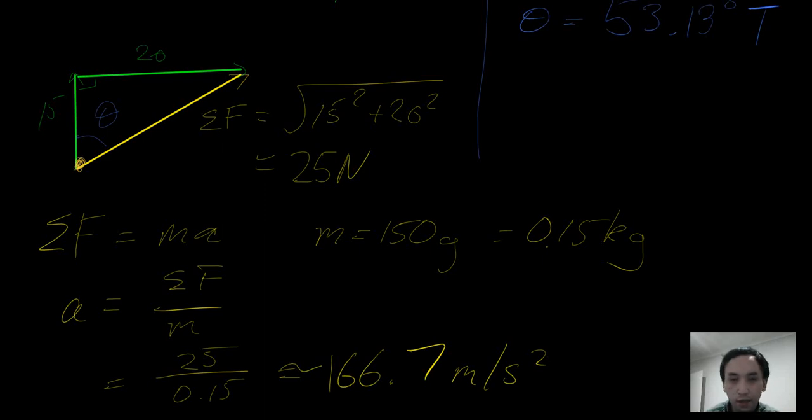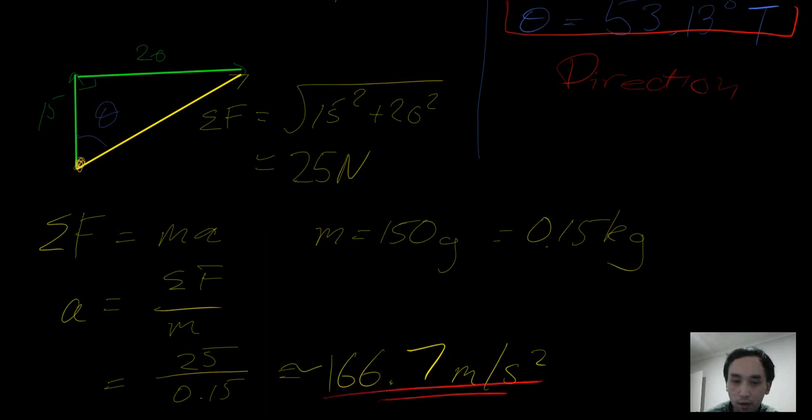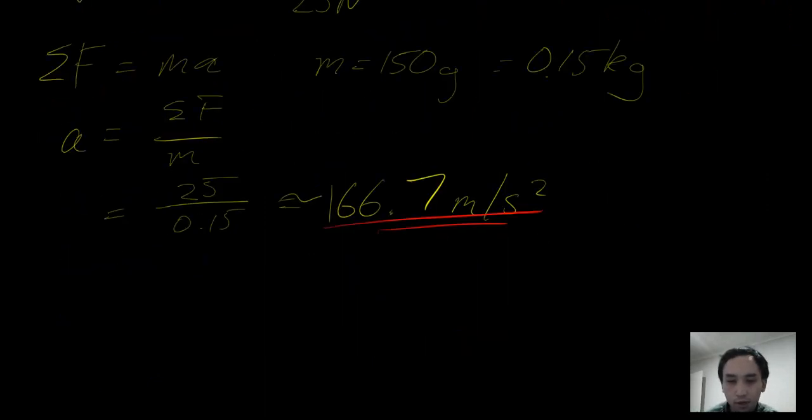And so we have the direction over here. And over here, this is the magnitude of the acceleration, the size of our acceleration. So remember that all vectors have a scalar and a direction, and so of course the direction was referring to the true bearing angle, and the scalar is referring to the magnitude over here.